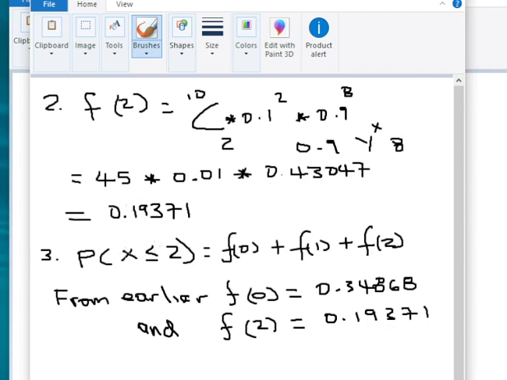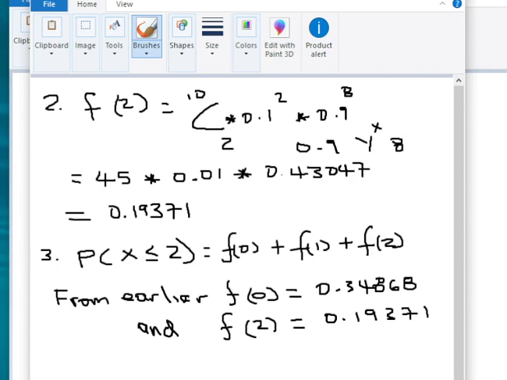In number 3, we have to find the probability that x is less than or equal to 2. This is how we write it out. If we have a discrete random variable, which is what x is in this case, that means we're not interested in the 1.5 or 0.5 in terms of the value of x. It's going to be discrete numbers, meaning 0, 1, 2.